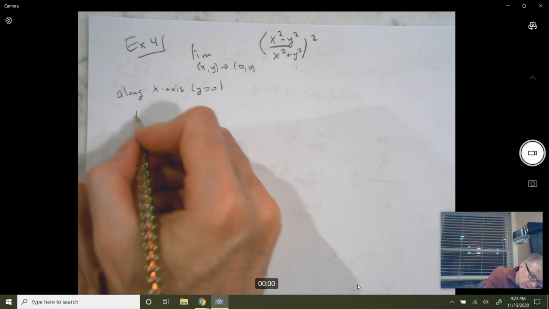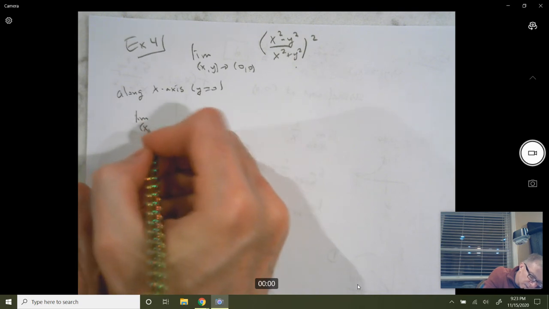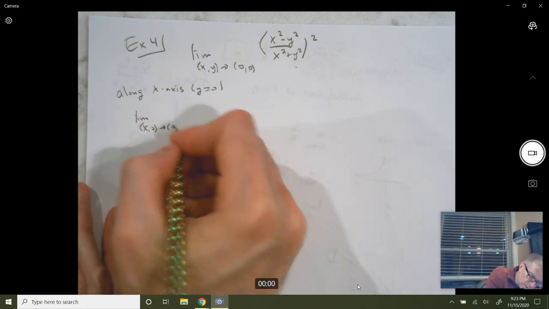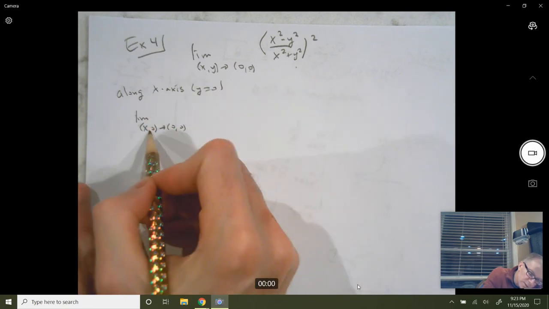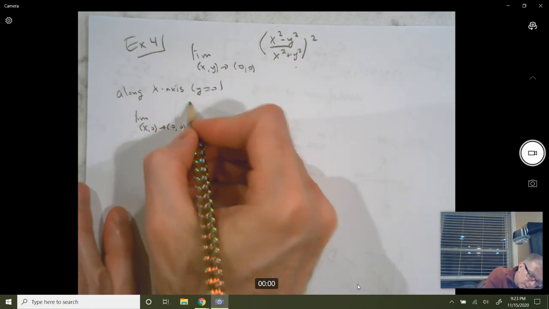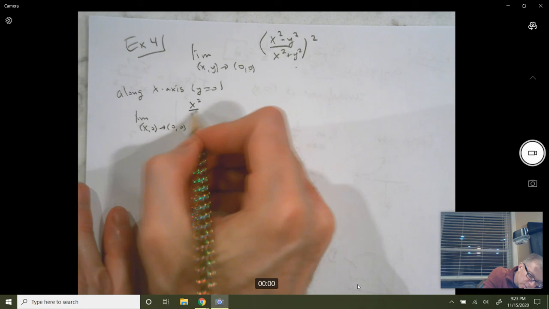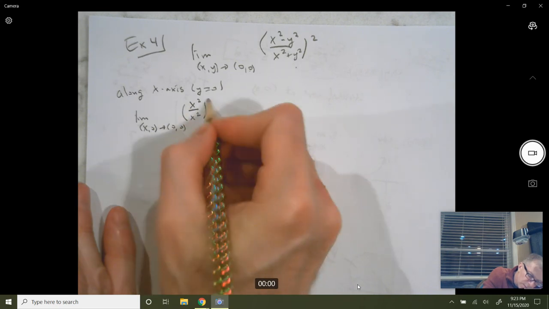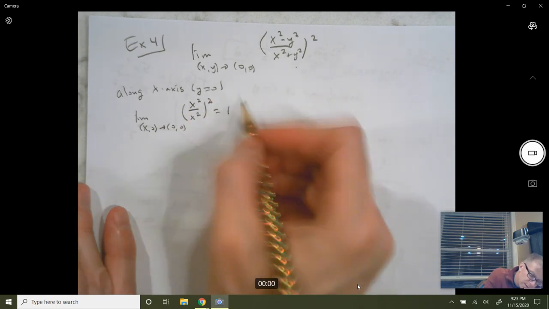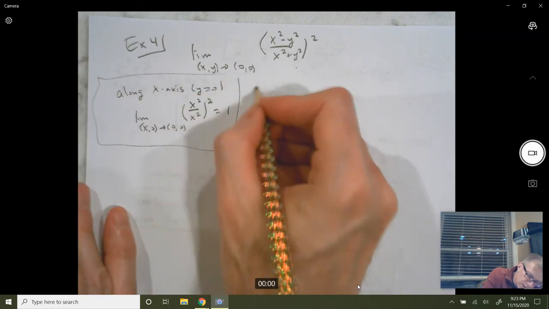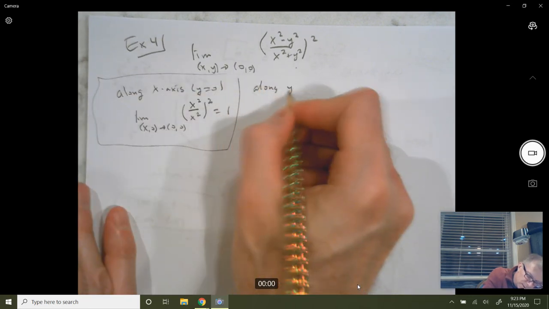So that's the limit as (x, 0) goes to (0, 0) of, plugging in 0 for y, we get x squared on the top and x squared on the bottom, squared, and we're going to get 1. So that's along the x-axis. Let's try along the y-axis.